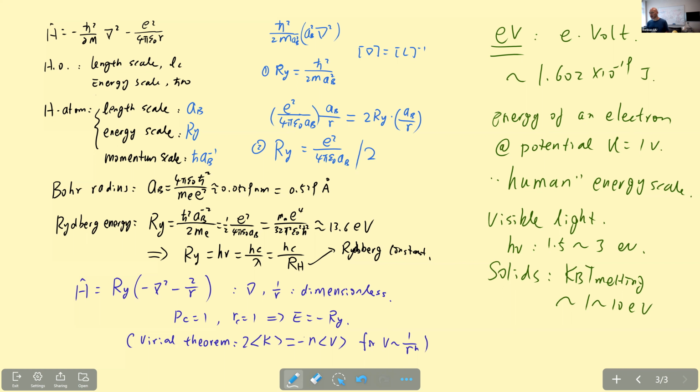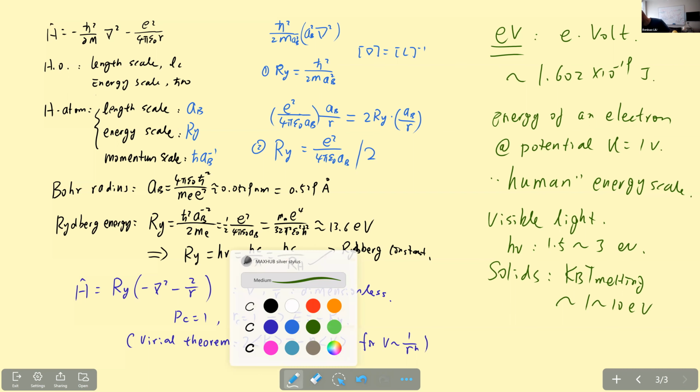All life processes are based on chemical reactions, which involve the transfer of electrons from one molecule to another, from one atom to another, with an energy change on the order of the Rydberg energy, 13.6 electron volts. So a few electron volts is a very important energy scale for biological processes, for human beings, and for our daily life environment, including light, chemistry, solids, and semiconductors.